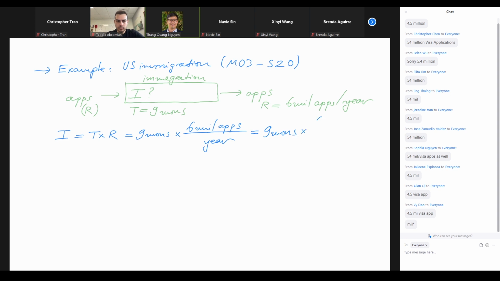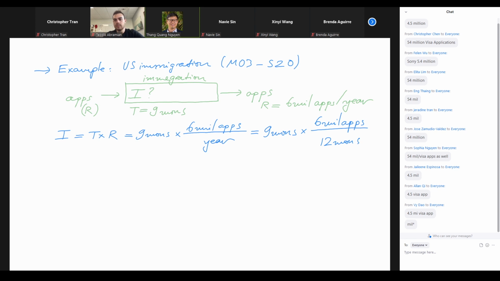Multiply with 6 million applications per year means per 12 months, right? We don't change anything. A year is 12 months. So now we have the same months on the top and at the bottom, they will cancel each other out.